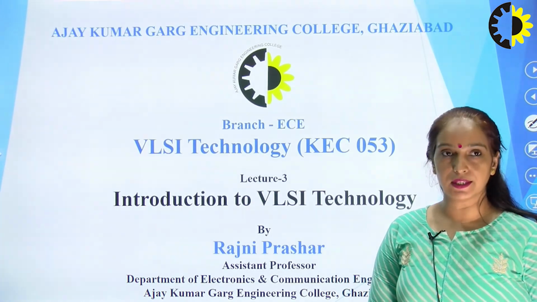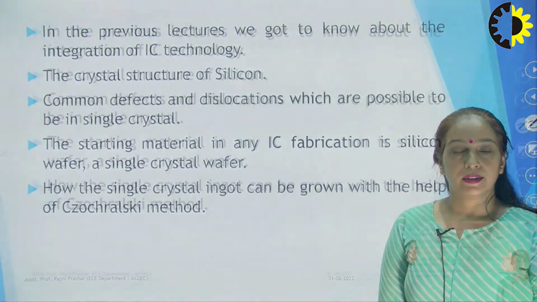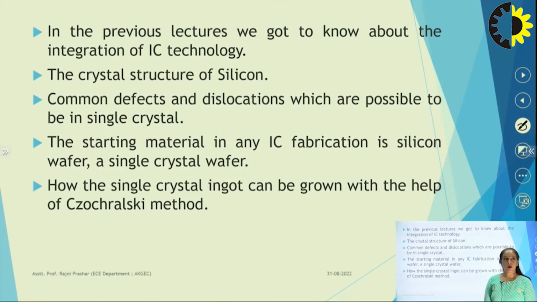This is the third lecture, and in the previous lecture we got to know about the integration of IC technology: what IC technology is, what the basic structure of silicon crystal is, what the common defects and dislocations are that can occur during crystal growth, and what the starting material is, a single crystalline wafer used in IC fabrication technology.